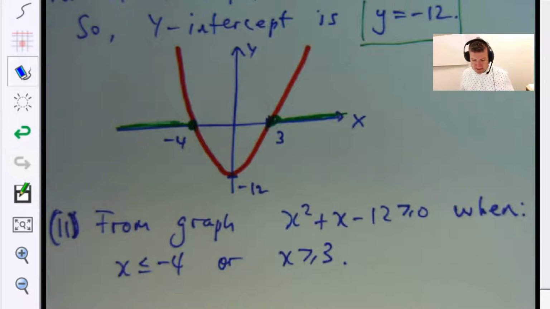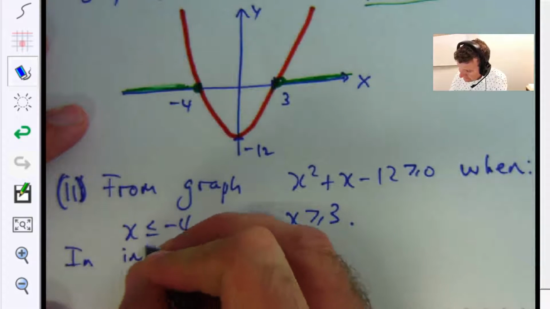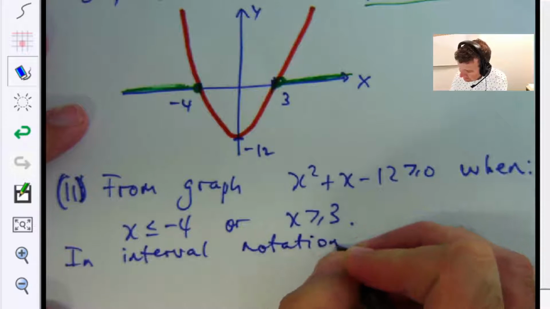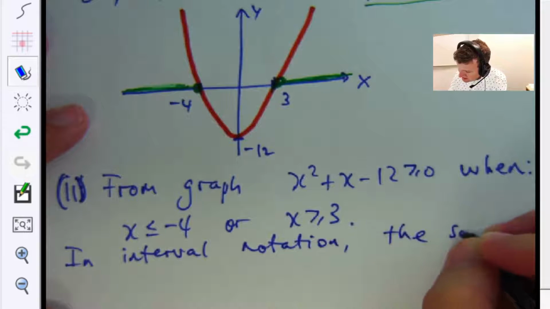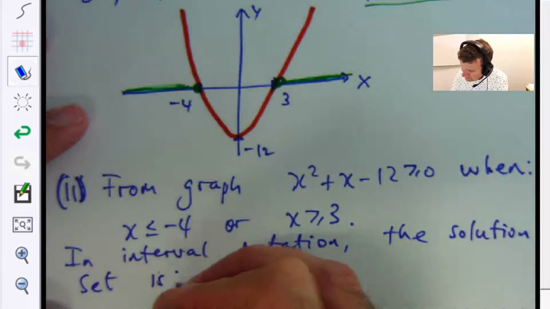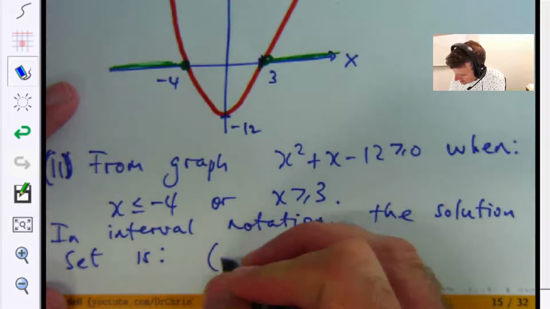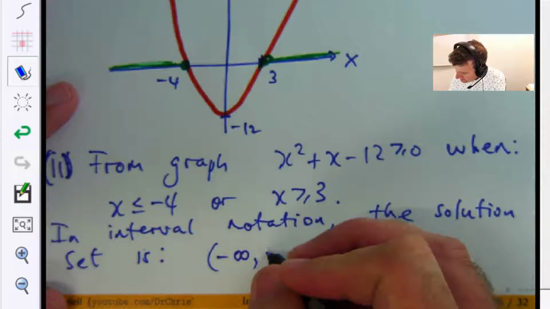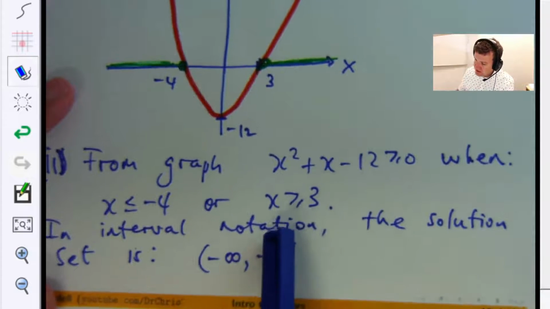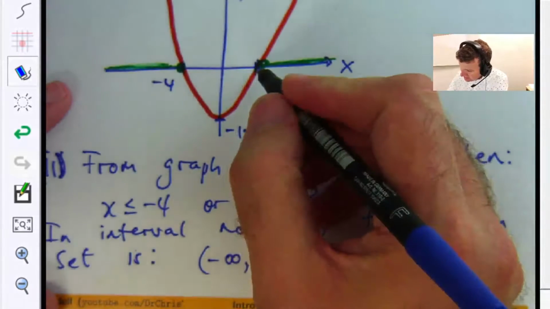Now, in interval notation, the solution set, let's write this as an interval. You go off to negative infinity and up to negative 4, and you include negative 4, so I've got the square bracket. Or, that's like a little u here, 3 and above.